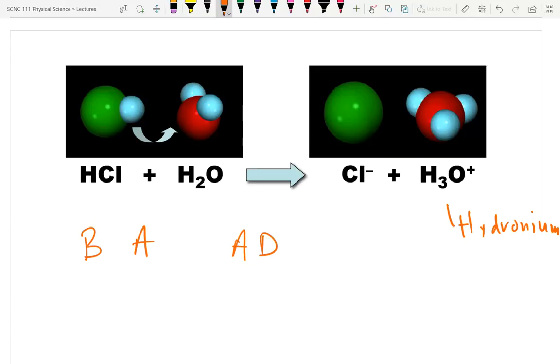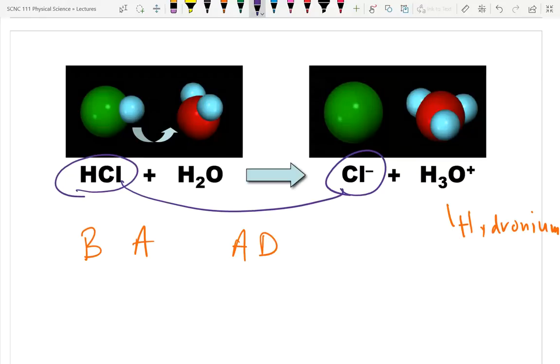So now if we look at this, what did the HCl do? Did it donate a proton, or did it accept a proton? If it went from HCl to Cl, did it donate a hydrogen or did it accept a hydrogen? It donated.